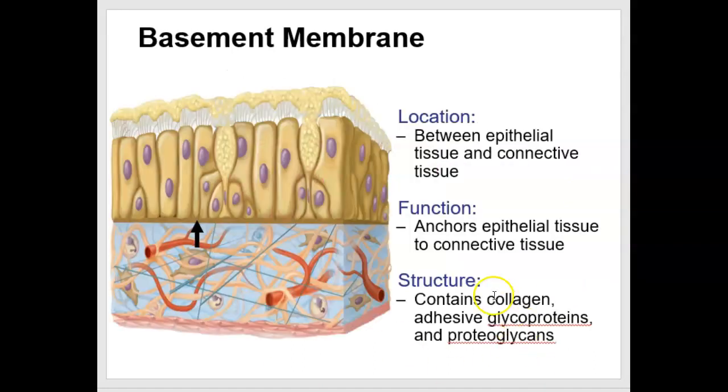So let's talk about the basement membrane just a bit here. The basement membrane, as I mentioned, is located between the epithelial tissue and the connective tissue, shown here by the black arrow. And you know its function is to anchor the epithelial tissue to the connective tissue. But what I haven't mentioned is what it is made of. It is made of collagen, which is a protein, and then variations of proteins.